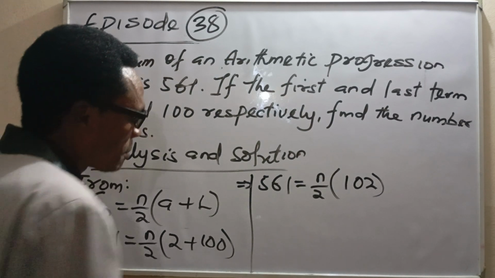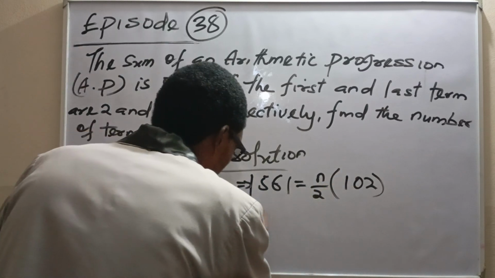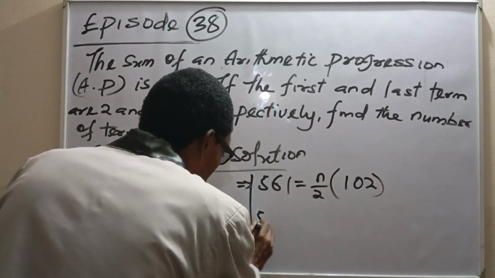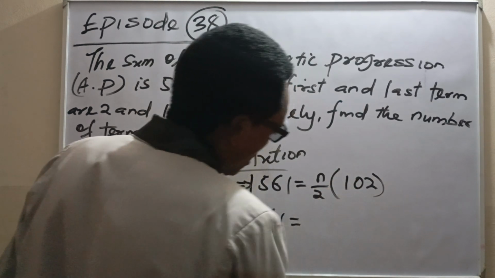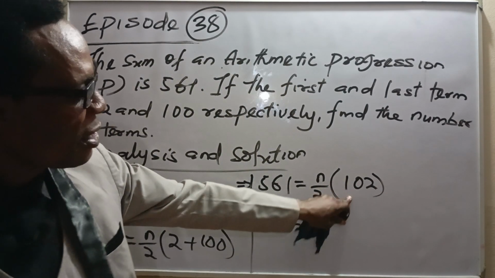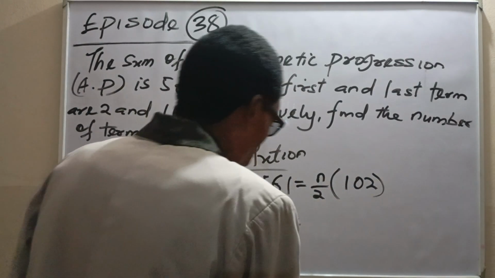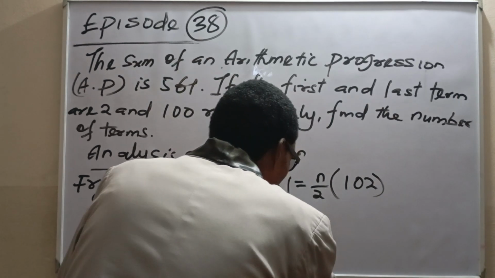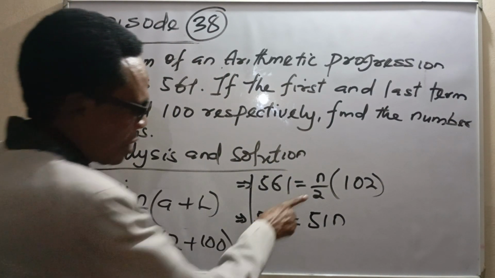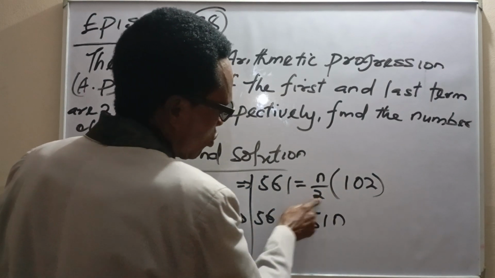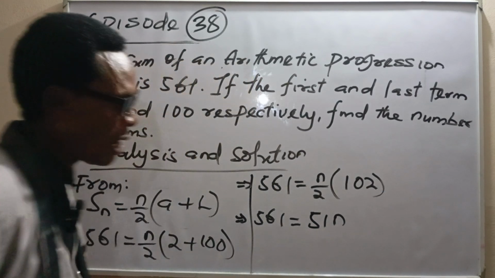We can use the 2 to divide the 102, which implies 561 equals: 2 into 102 gives 51, so we have 51n. 2 into 10 gives 5, and 2 into 2 gives 1, so 51 times n gives us 51n.